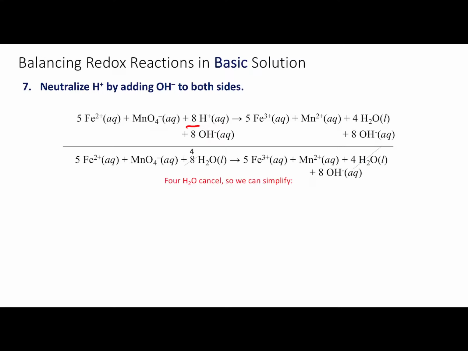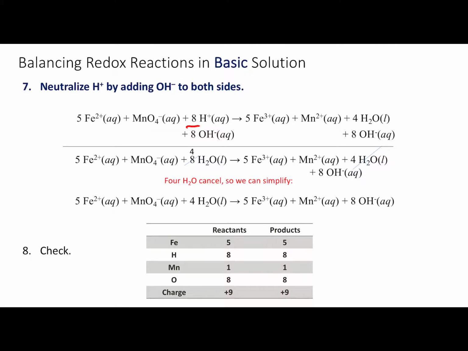In other words, it is true that 4 waters cancel out. And when we simplify this reaction, we end up with 5 Fe2+ plus MnO4- plus 4 H2O gives us 5 Fe3+ plus Mn2+ plus 8 OH- in basic conditions.